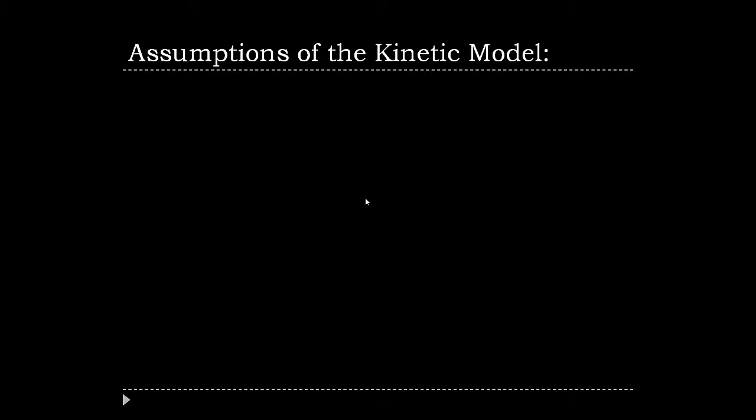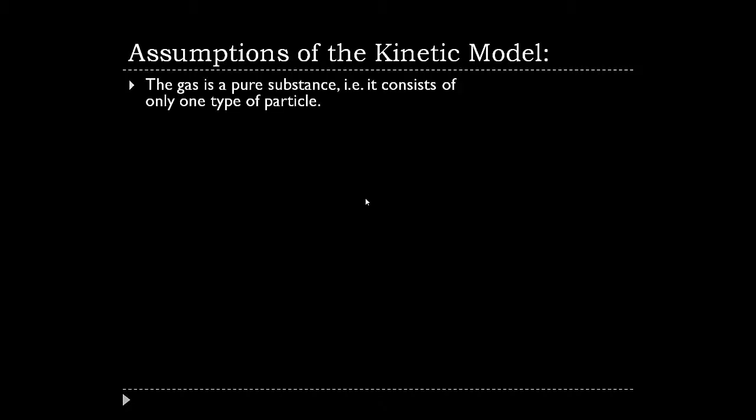Now, the assumptions of the kinetic model of an ideal gas. Firstly, the gas is a pure substance, so it contains only one type of particle. That ensures that all the particles have the same mass. The number of particles in the sample is large, so that statistical methods are valid.